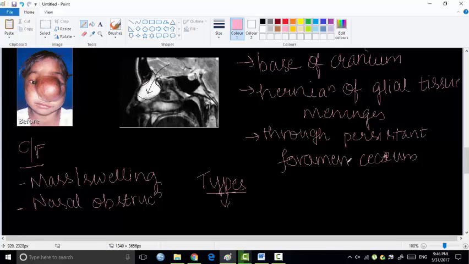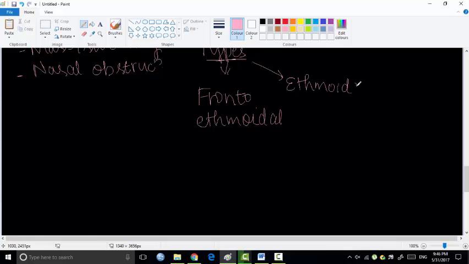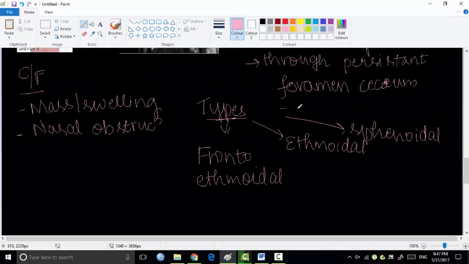One is frontoethmoidal, where the herniation occurs in the fronto and ethmoidal region, or it may be only ethmoidal, or the herniation may occur in the sphenoidal or nasal region.